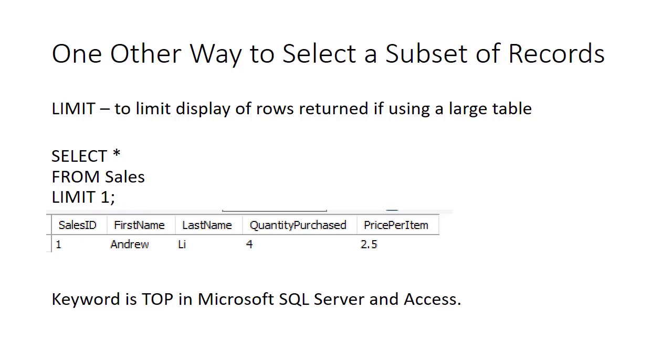You can see here, limit 1, we're telling it to create the output, but just show us the first row. The keyword is top in Microsoft SQL Server and Access. You might be familiar with that from Access. And in a couple of homework assignments, I'll start asking you to limit your output to the first 5 rows, and it will be using this limit keyword.